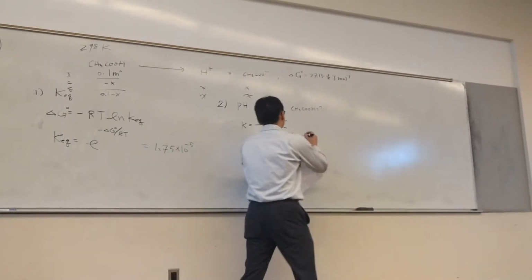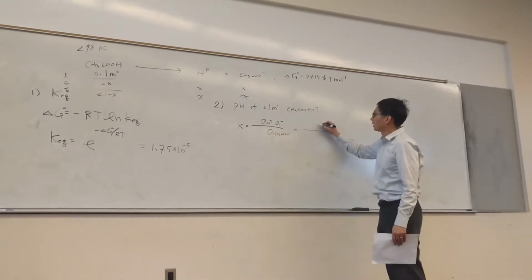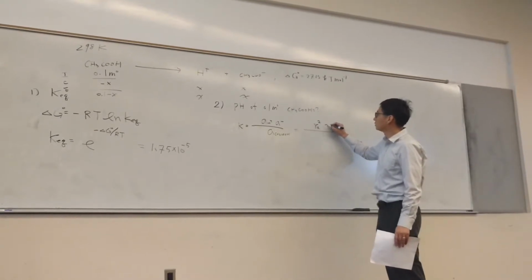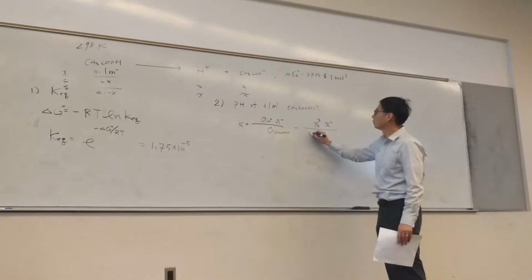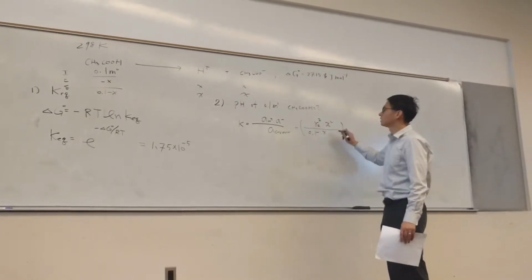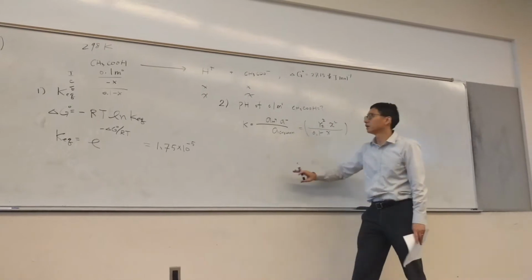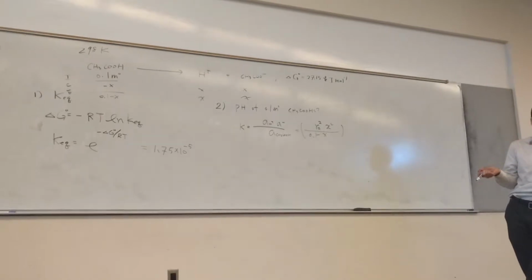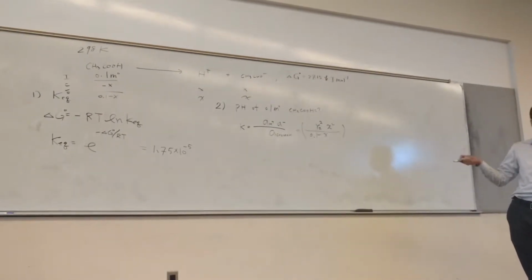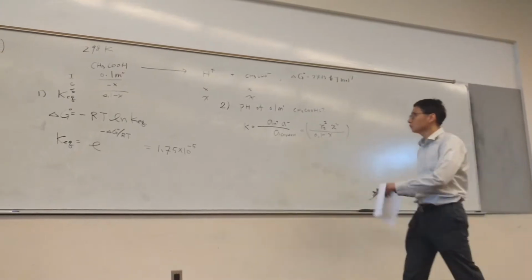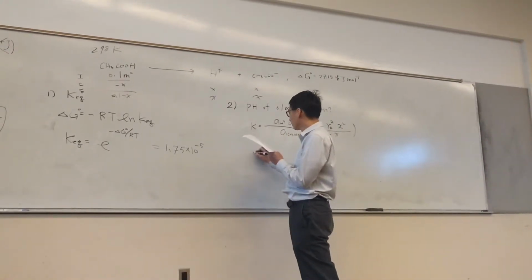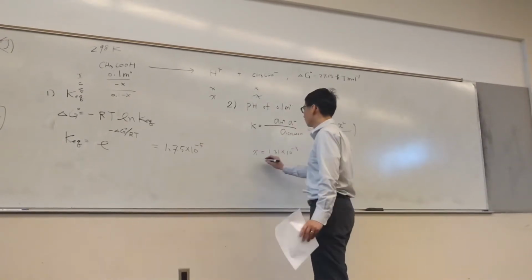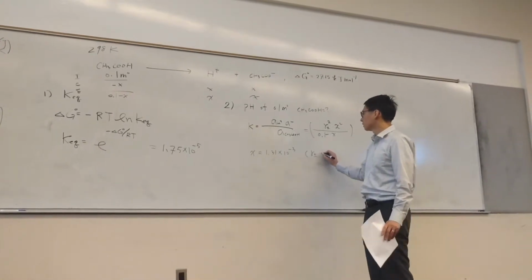So again, on the top will be equals to X squared, but right now it's activity, right? So it's gamma plus minus squared times your X squared divided by 0.1 minus X. And this is going to equal to the constant. And again, you have two variables with one equation. So what you should do is actually assuming your gamma plus minus equals to 1. Do the calculations. If you do that, you'll get your X is equals to 1.31 times 10 to the negative 3 when the gamma plus minus is equals to 1.